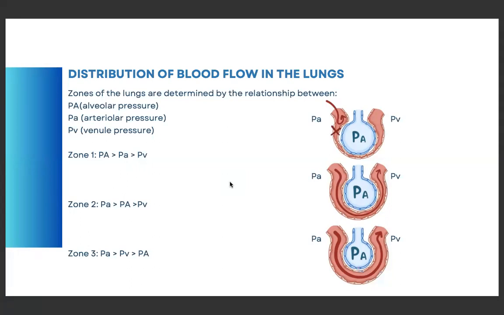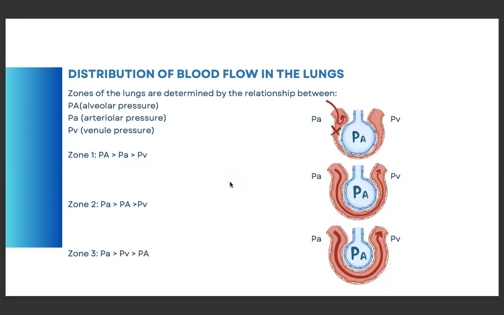In zone 2, right above that, the arteriolar pressure is higher than the alveolar pressure, but alveolar pressure is higher than the venule pressure. So this changes from zone 3. In zone 3, from highest pressure to lowest pressure, it was your arteriolar pressure, your venule pressure, and then your alveolar pressure. In zone 2, your arteriolar pressure remains the highest, but your alveolar pressure and venule pressure switch.